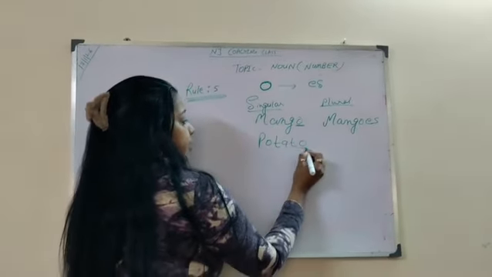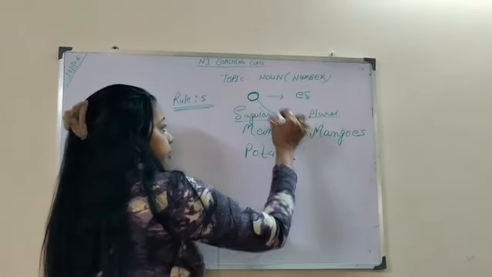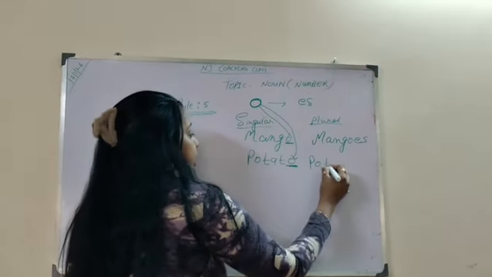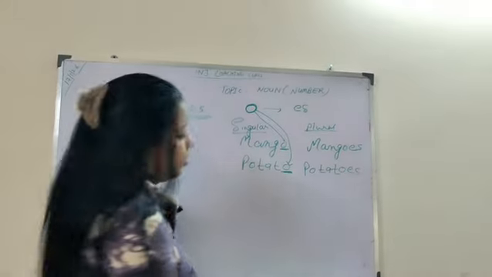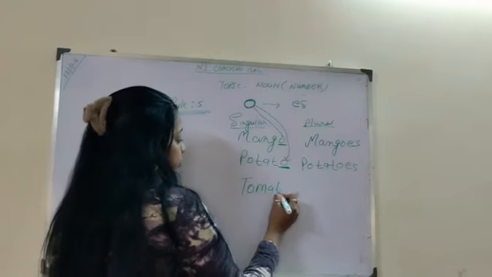Potato, potato ends with o, so simply we have to add es, potatoes. One more example, tomato.